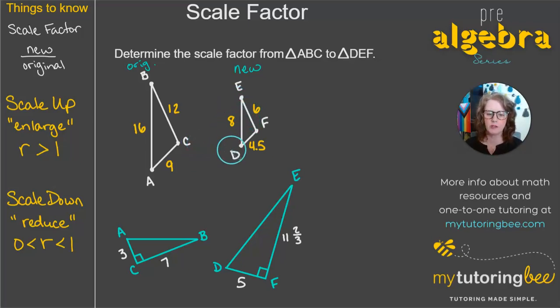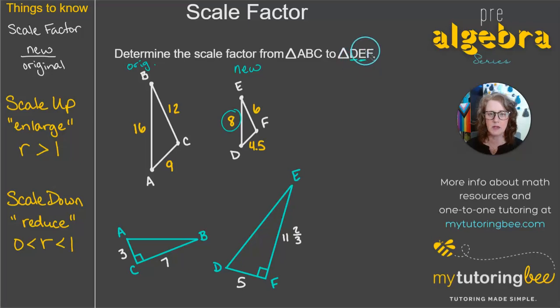But in our triangle here, I'm just going to choose one of the sides and then find a similar side from our original triangle. So I'm going to go ahead and look at this side DE, and I can use the name of my triangle to help me with that.